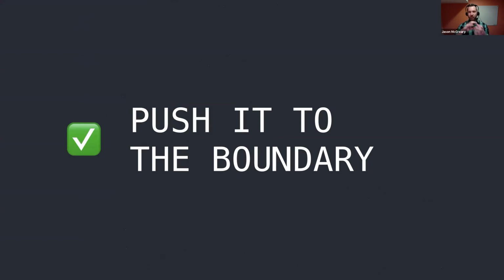He takes that, he moves it to an object that's just a little higher up in the food chain, right? A little closer to the boundary. And now he can test both of those separately. One in isolation, easy, mock, and then still write that real integration test, but for that very, very tiny piece of code instead of the whole order controller or order checkout flow like we're doing now.